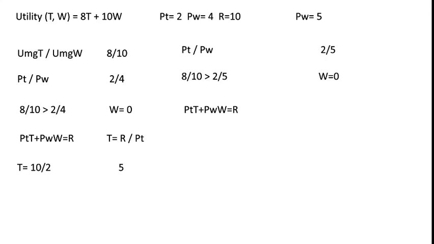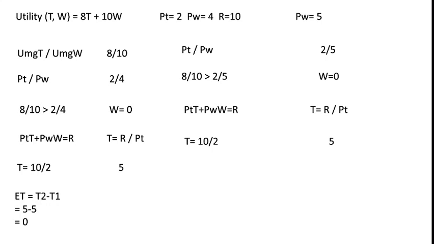Now price of T multiplied by T plus price of water multiplied by water equals rent, which is the same as T equals rent divided by price of T. 10 divided by 2 equals 5. It is the same as when the price of water was 4.